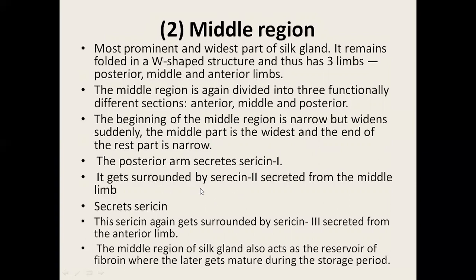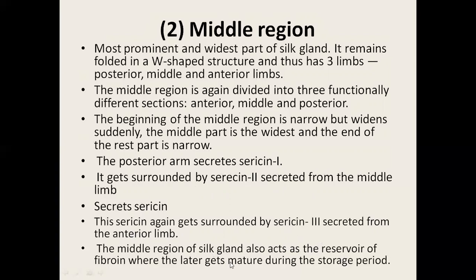It gets surrounded by the sericin 2 secreted from the middle limb. This again gets surrounded by sericin 3 secreted from the anterior limb. So the posterior part secretes sericin 1, the middle part sericin 2, and the anterior part sericin 3.